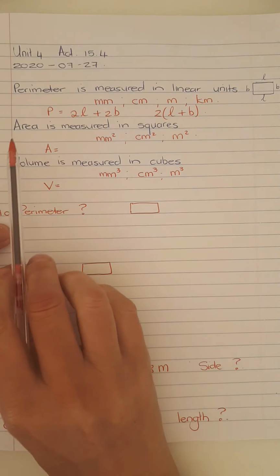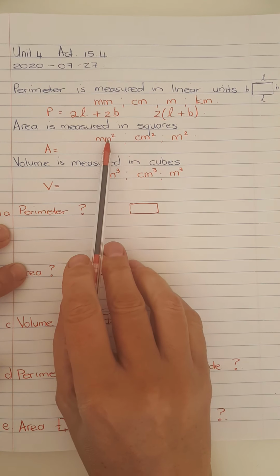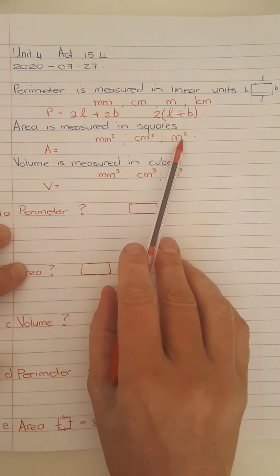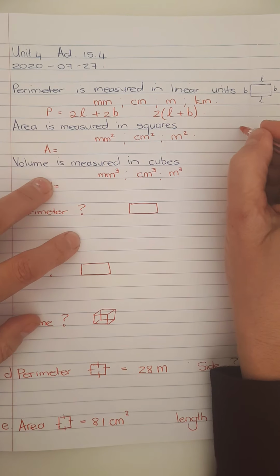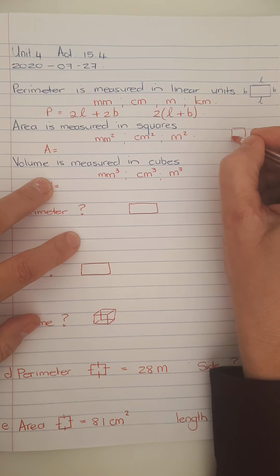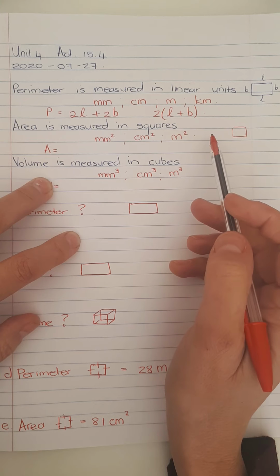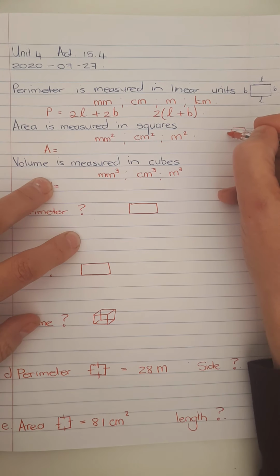Now area. Area is measured in squares. Millimeters squared, centimeters squared, meters squared. Why? Let me look at a square. There I have a square. And if I want to work out the area of a square, it will be this side times that side. They will be the same length.